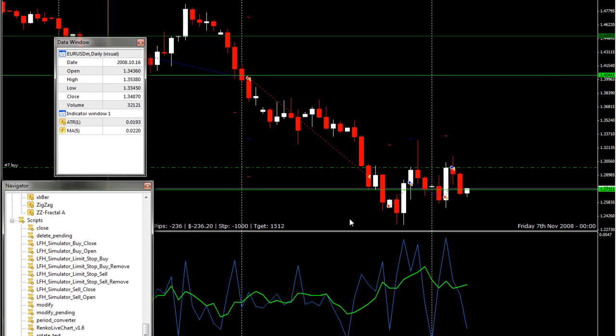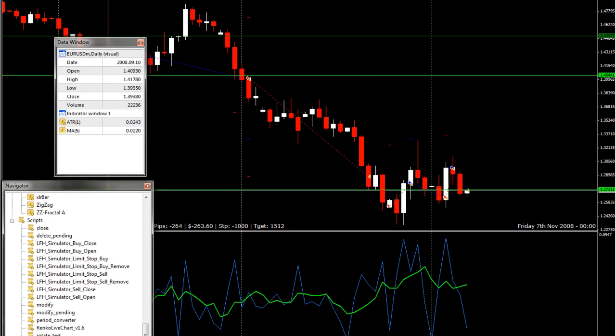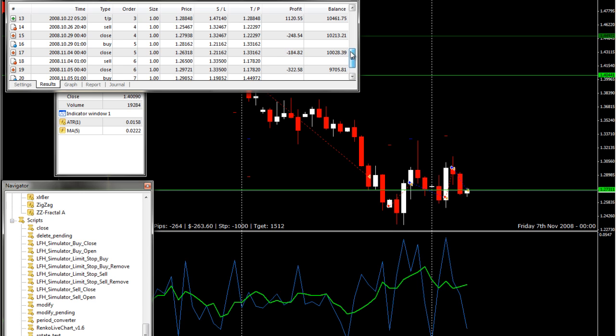Right, it's just opened, it's just closed below that line again. Let me see, I need to close the buy, open a sell. But before I do that, I need to see what my loss was. And this was 263.